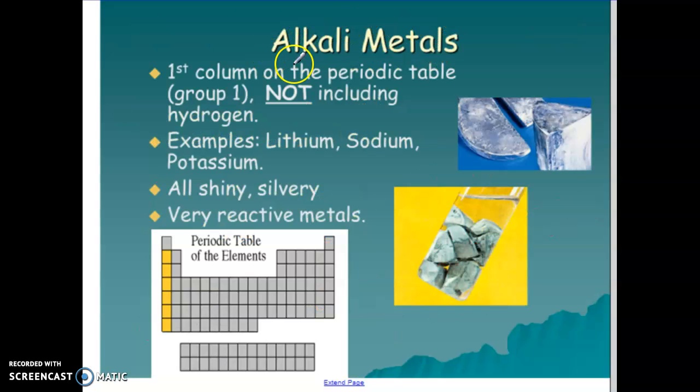The alkali metals are the first group on the periodic table. The only element in that column that does not belong in this family, it belongs in column number 1 but it's not part of this chemical family, is hydrogen. So when we talk about the alkali metals, we're talking about everything in group number 1 except for hydrogen.